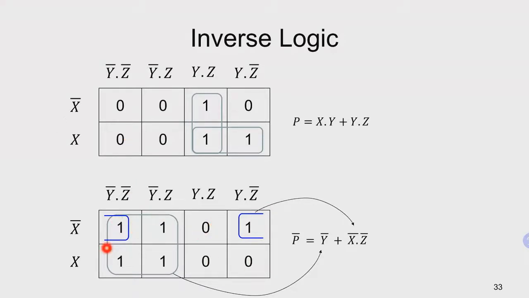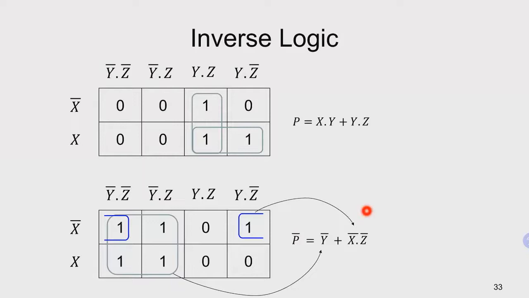And then we can draw our loops again, and we can simplify our p bar, and that will be equal to this minimized function.